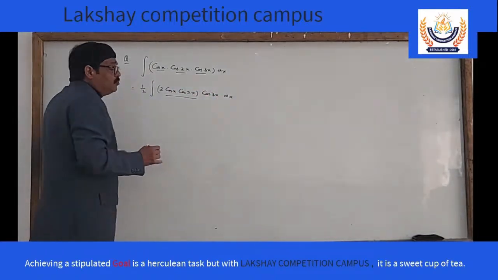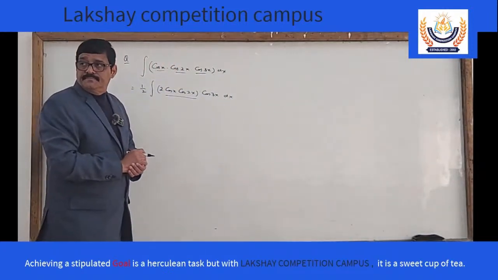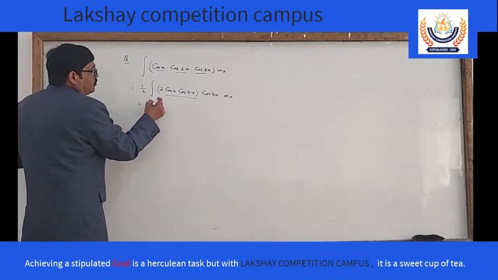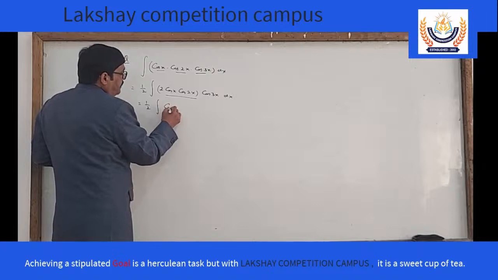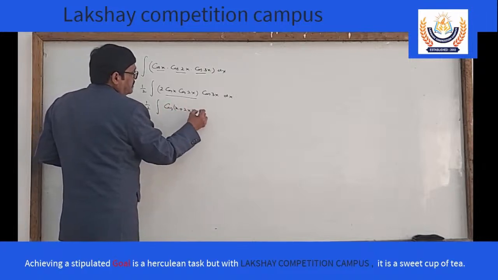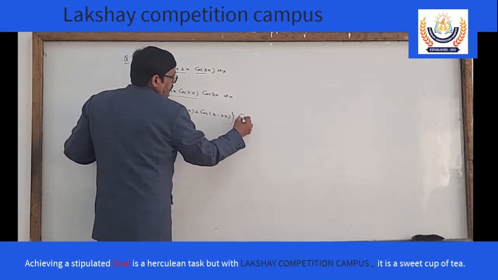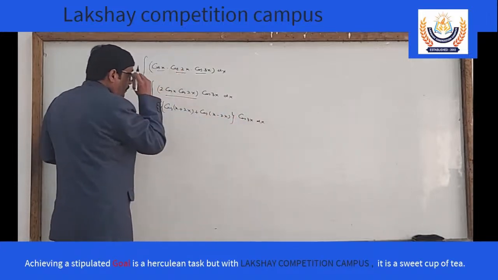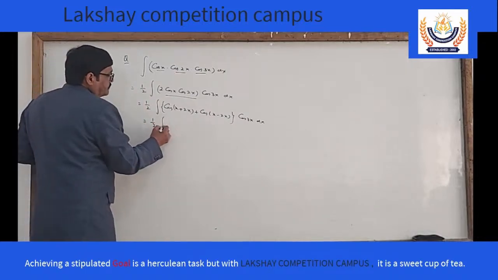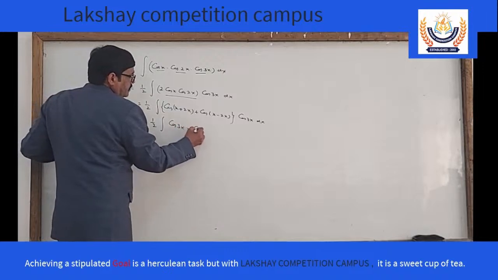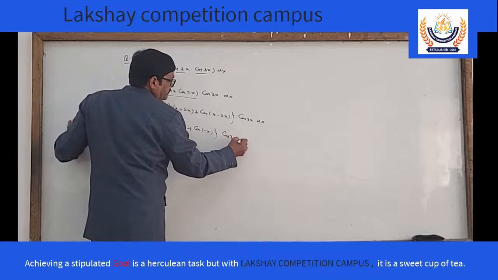What is the formula? 2 cos a cos b equals cos (a plus b) plus cos (a minus b). We convert it into sum form. 1 by 2, cos 3x times cos minus x, cos 3x.